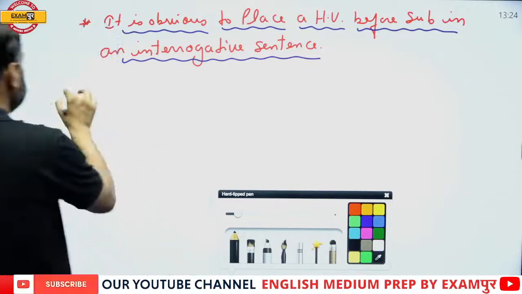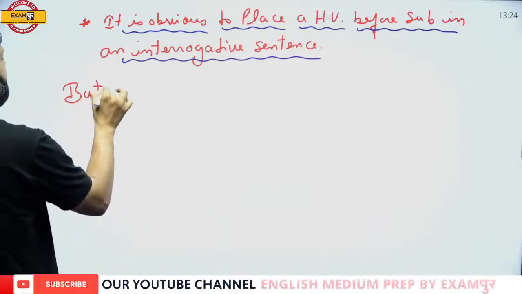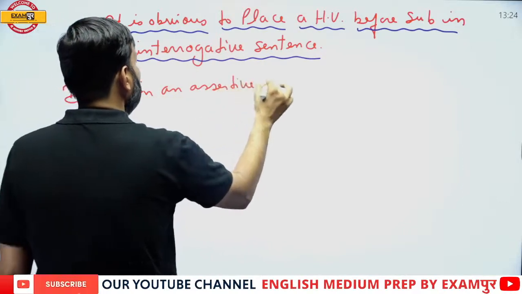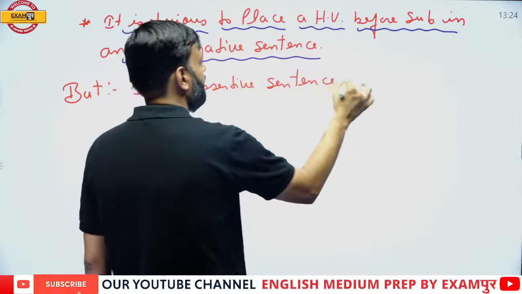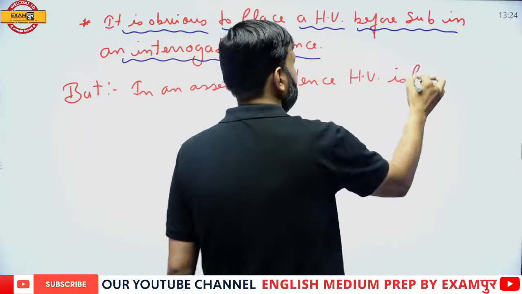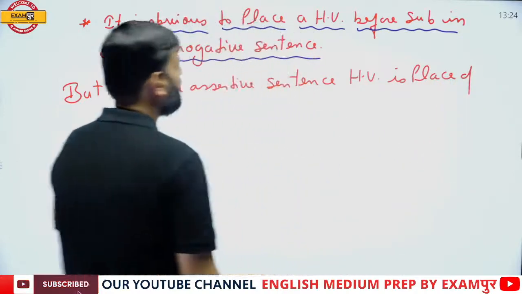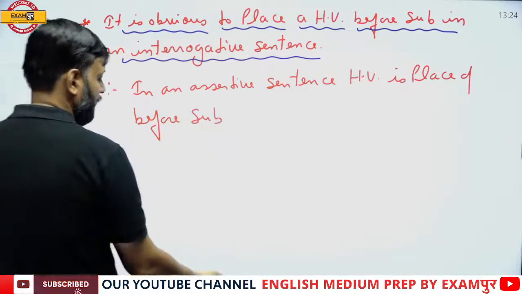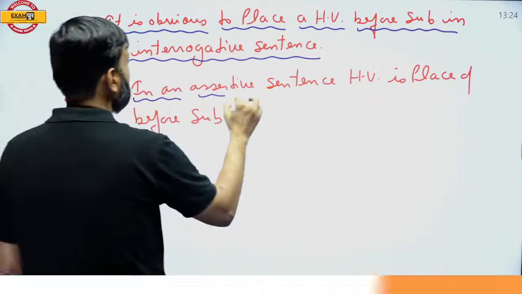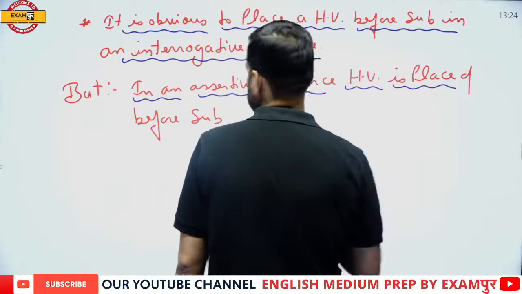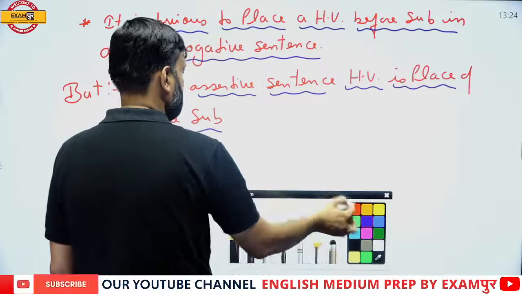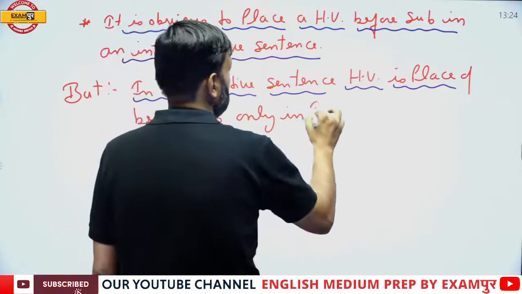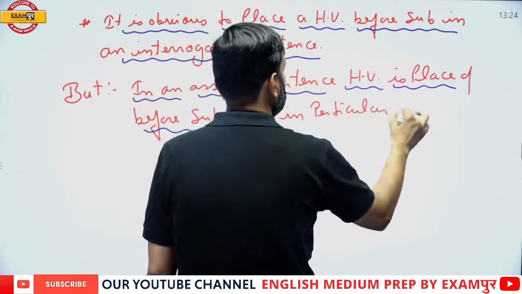But in an assertive sentence, helping verb is placed before subject only in particular situations.